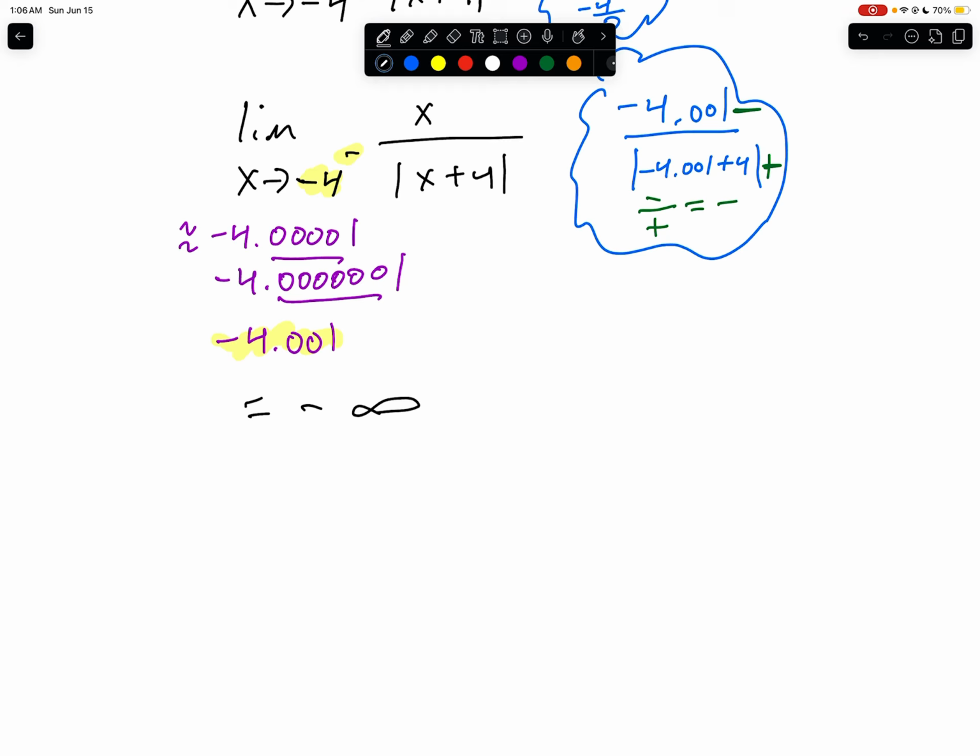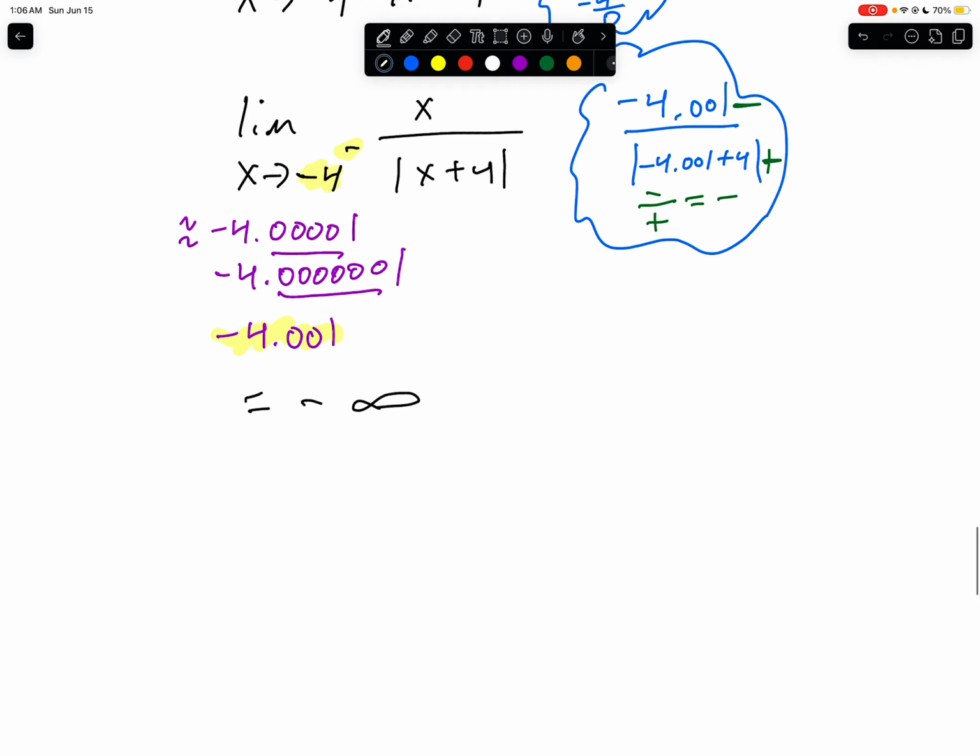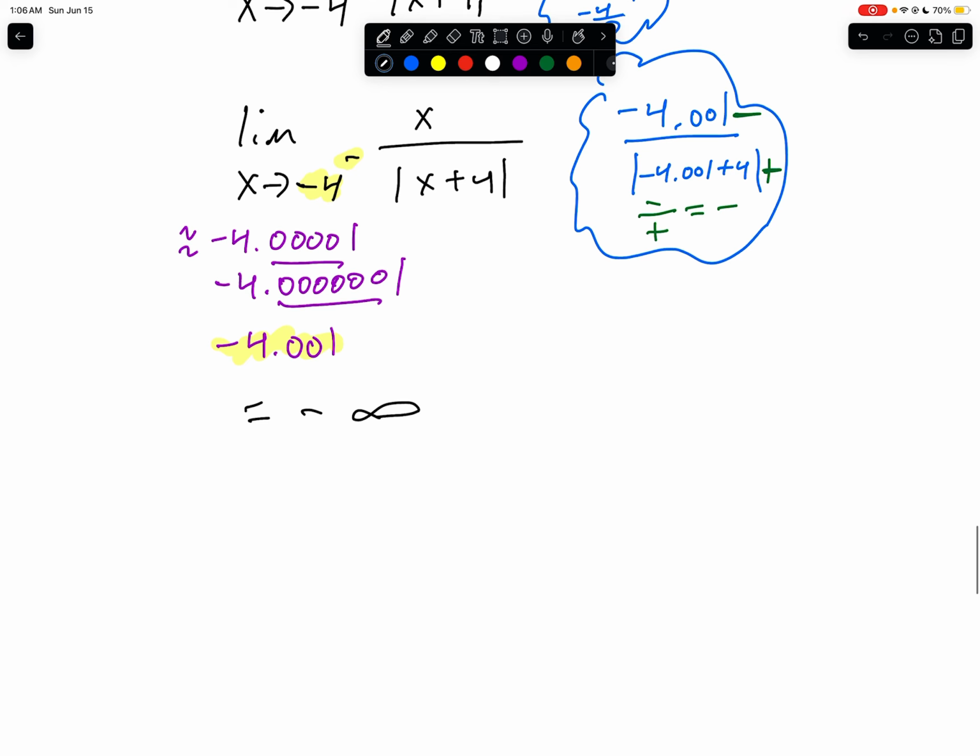Okay, that kind of seems weird. Well, if you really think about this, this has a discontinuity at x equals negative 4. It most likely has a vertical asymptote. And so what we're seeing here is that when we look at the left of negative 4, it's going toward negative infinity in some sort of way.